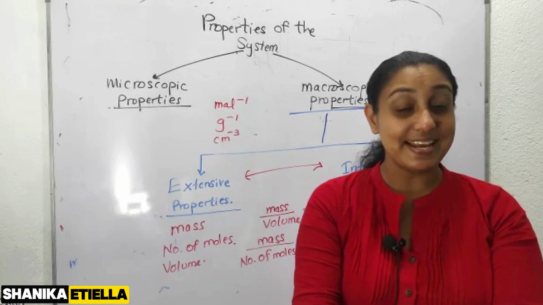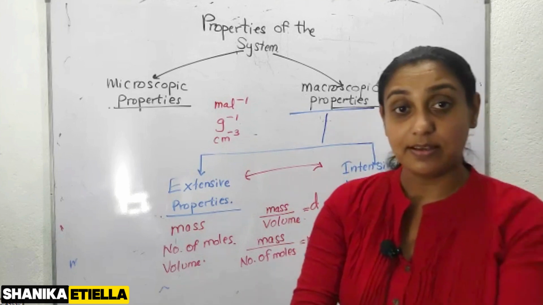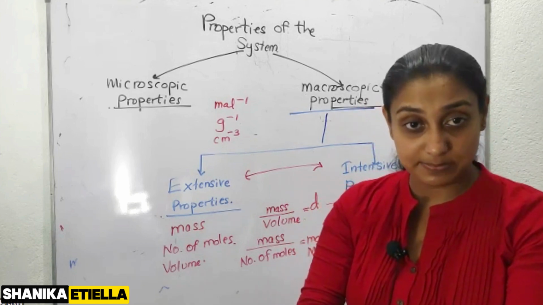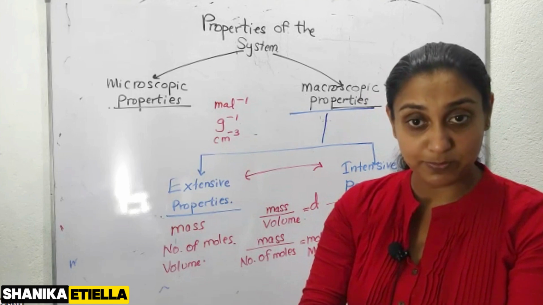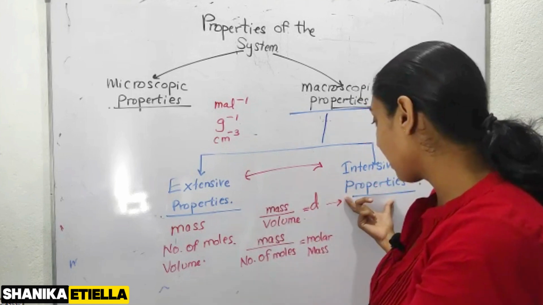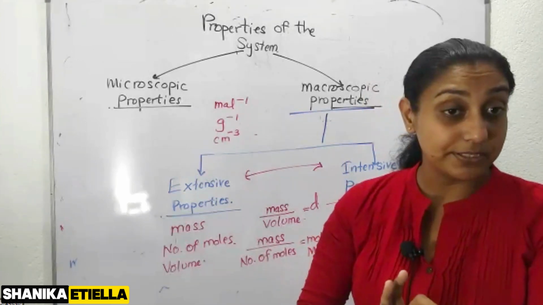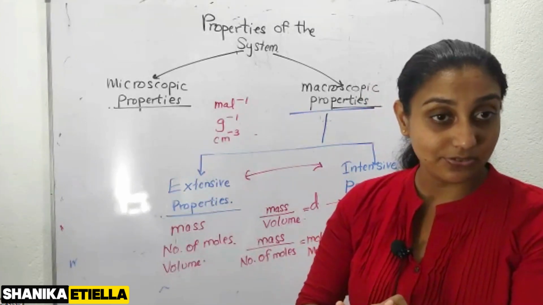Okay. That's only for the properties of systems, macroscopic properties. Okay, write down under intensive properties: temperature, pressure, concentration.